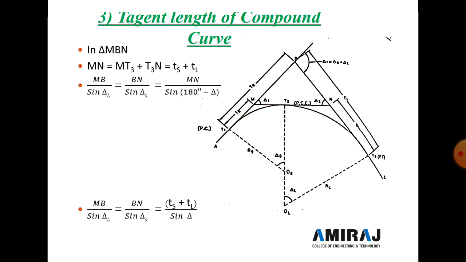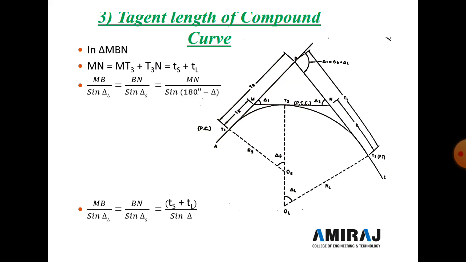In this triangle MBN, MN is equal to MT3 plus T3N, which is ts plus tl. We take the sine rule: MB divided by sine delta L, BN divided by sine delta S, and MN divided by sine of 180 minus delta.